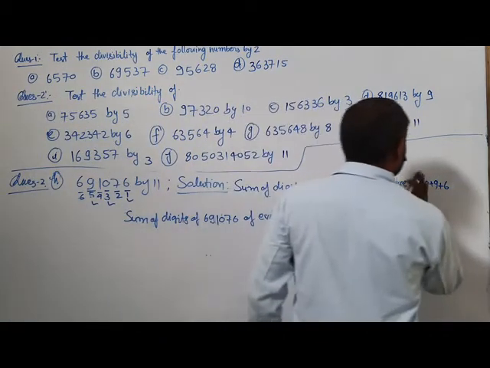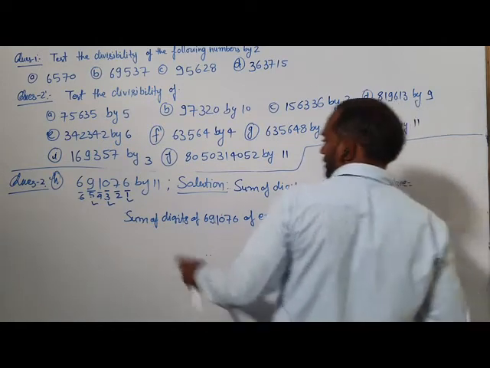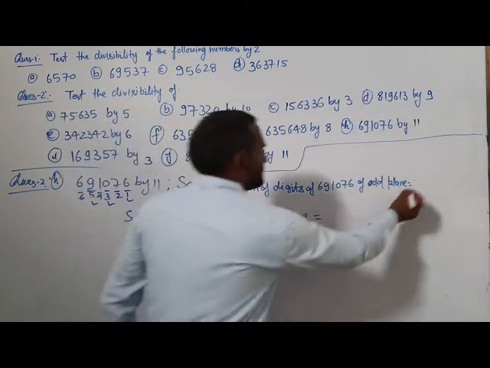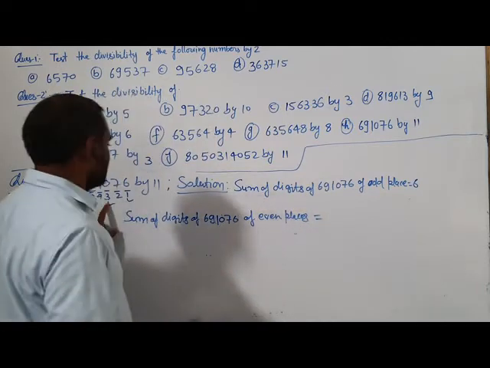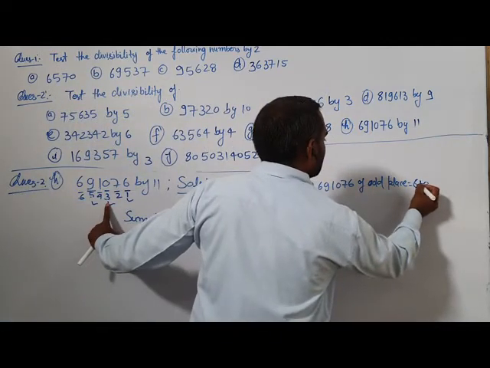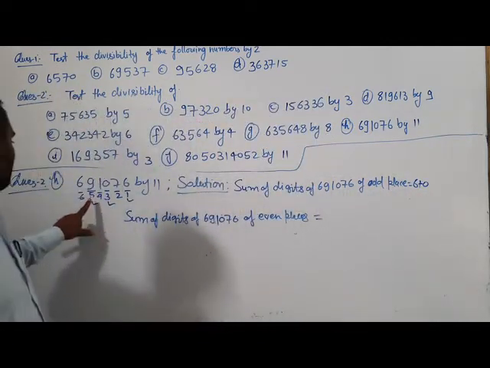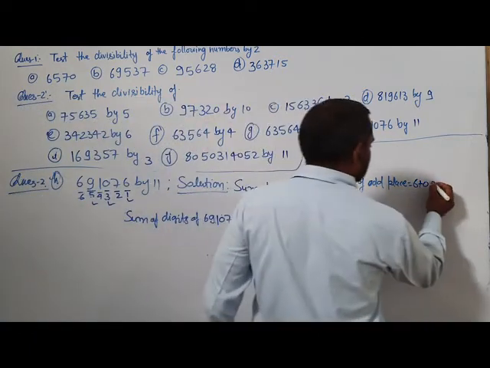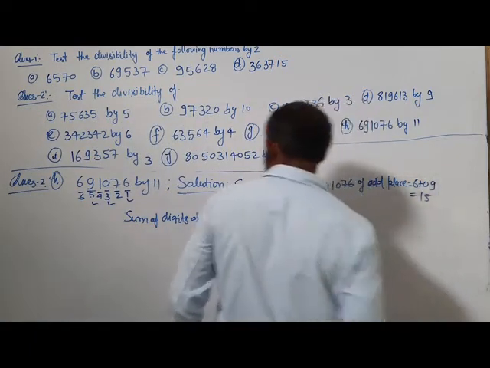Here you have to add the odd places. Odd places: 6, 0, 9, which is 15.